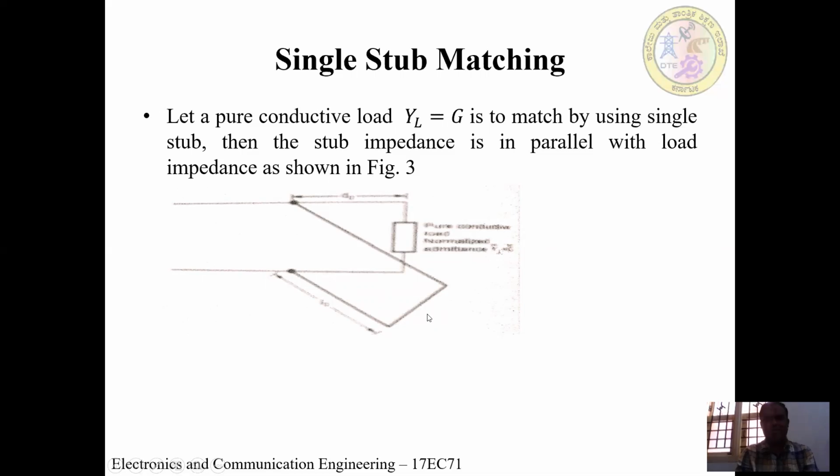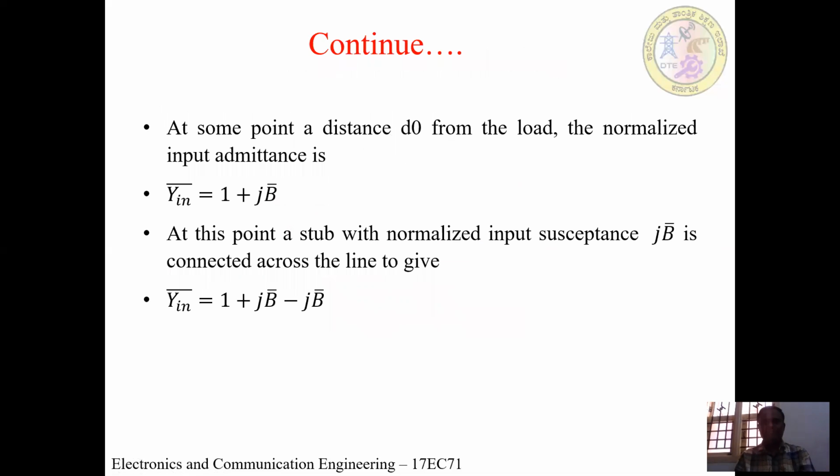This is just a simple diagram which explains how we are going to fix the stub near that particular load. Now, at some point, a distance D naught from the load, the normalized input admittance is 1 plus j beta.